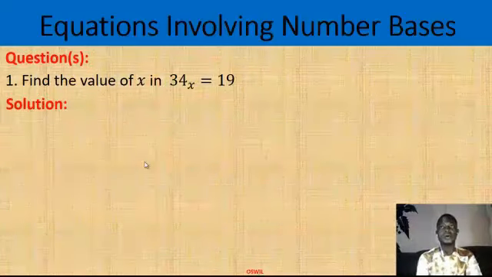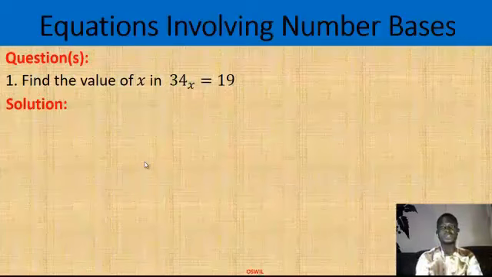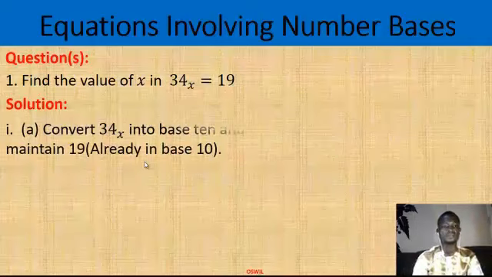Let us all together solve this question. Those who were not able to, don't worry, take heart. Look at how it is done. So we are going to convert 3, 4 base x into base 10.